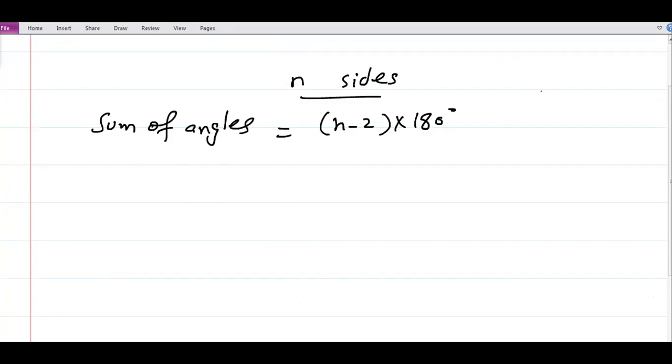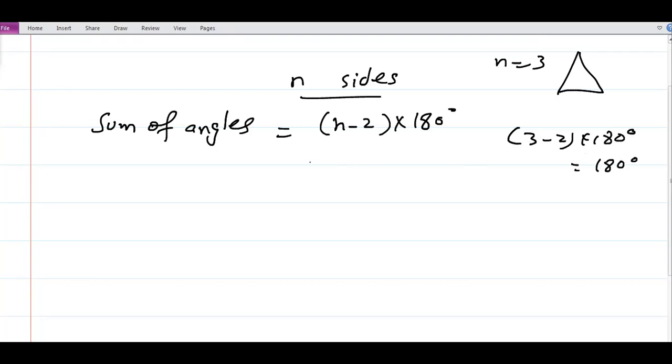For example, if you have a triangle, how many sides are in the triangle? 3. It means n is 3 for the triangle. So what will be sum of angles? Sum of angles will be 3 minus 2 into 180. So that will be 180 degree.